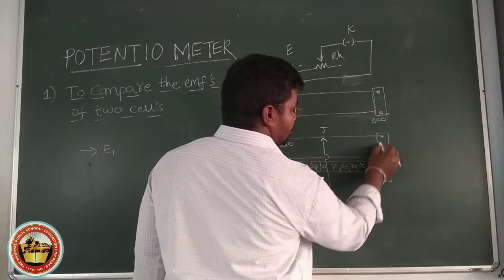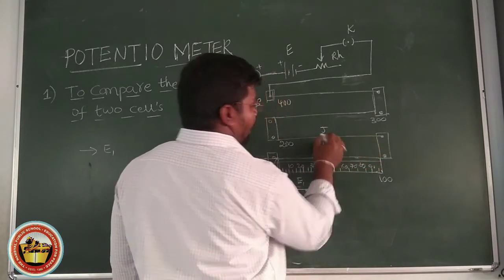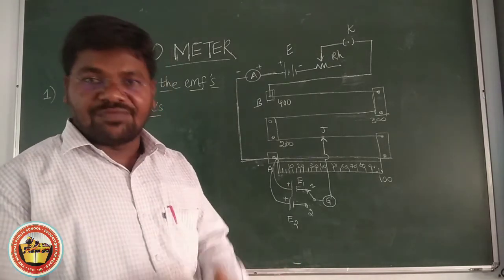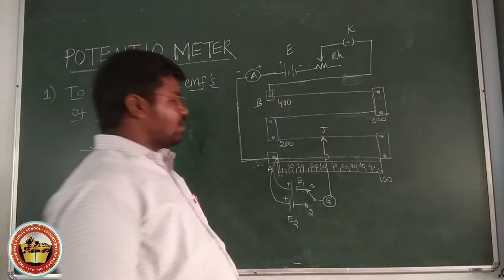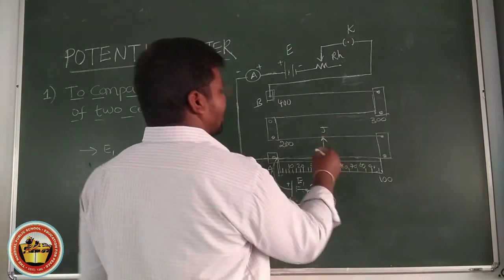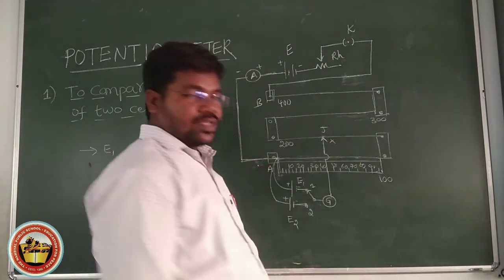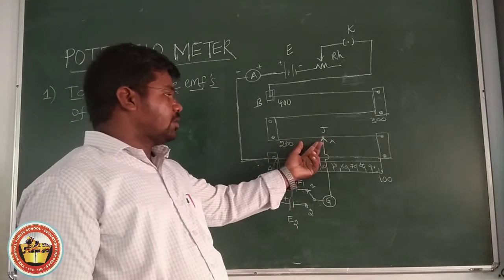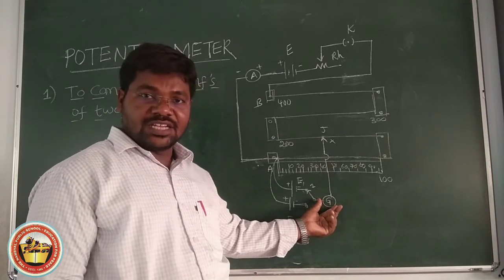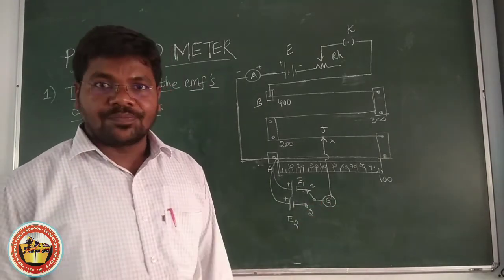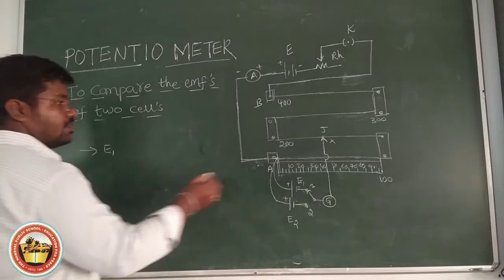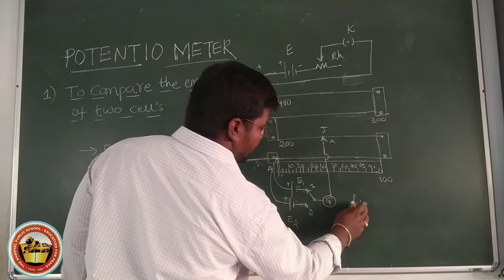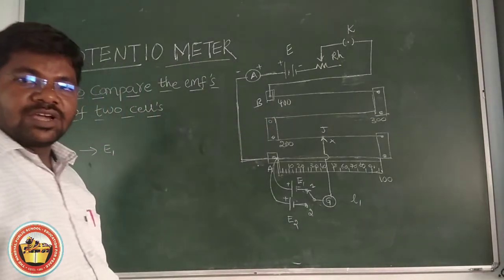Like this, at a particular point, the galvanometer shows null deflection. At that particular point, we have to measure that length. Say it is L, length L or L1.